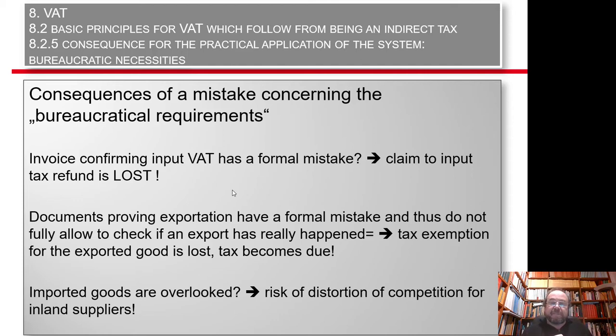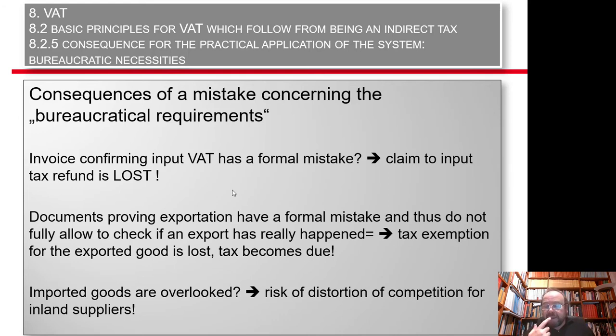And so making slight mistakes in VAT matters leads to enormous, drastic losses for the businesses involved. The same, by the way, happens also with documents proving exportation. If there is the slightest doubt that the documents are complete, or that something could perhaps not really have been exported, then the tax becomes due. So if your proofs have some flaws, 20%, or better the German tax rate, 90% of your revenue are gone.